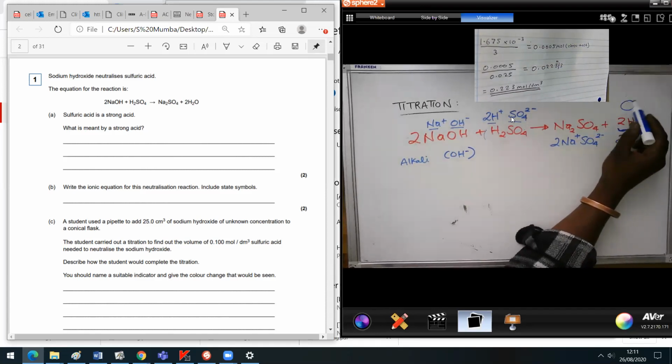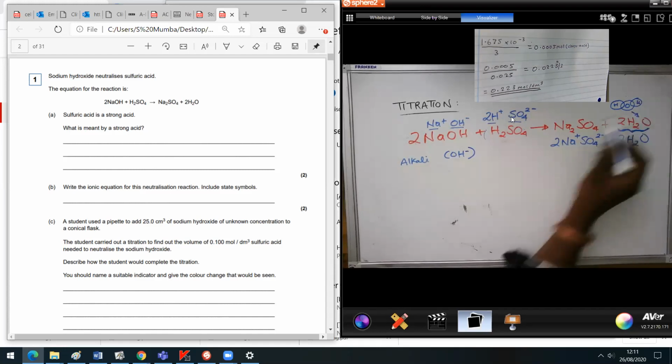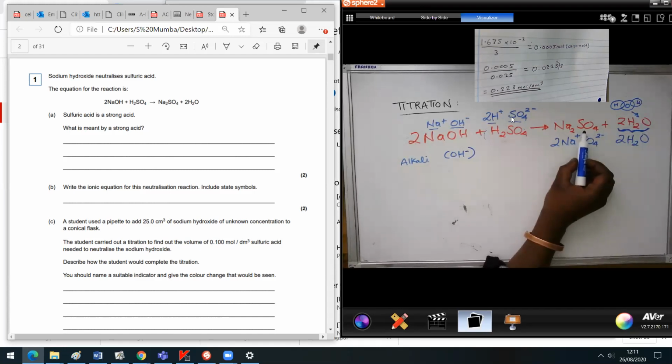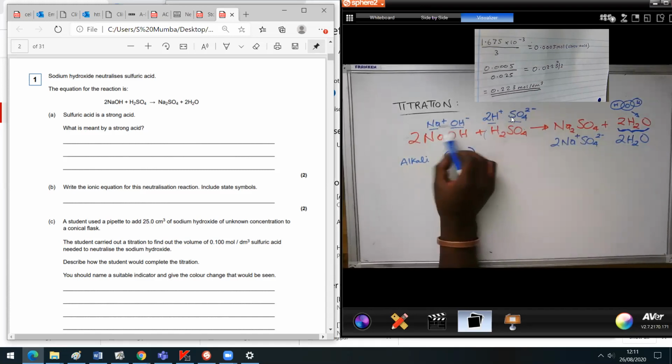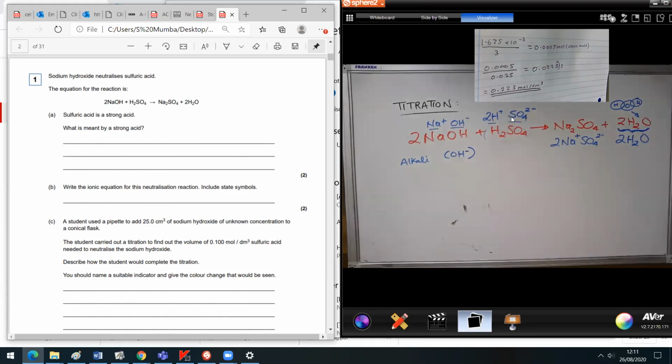It's not ionically bonded. It's not an ion, you're right. That's a molecule. This is an ion because this is to do with transfer of electrons. Electrons are transferred here, whereas in H2O the electrons are shared.